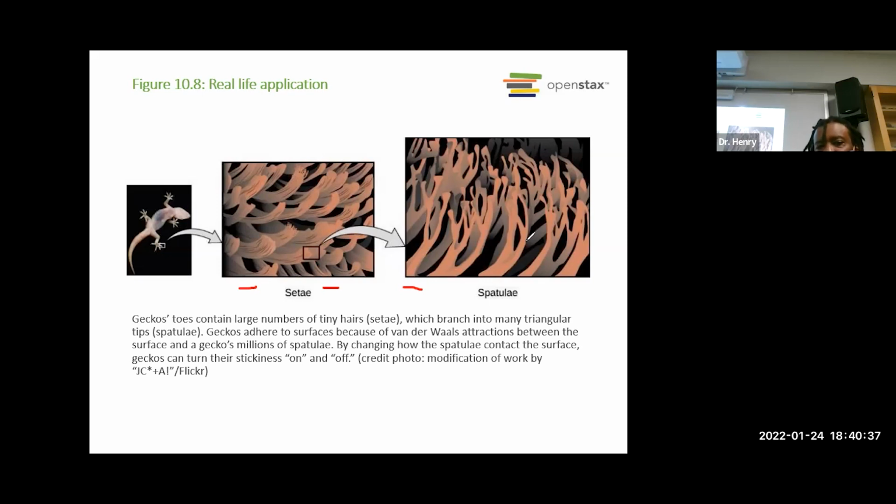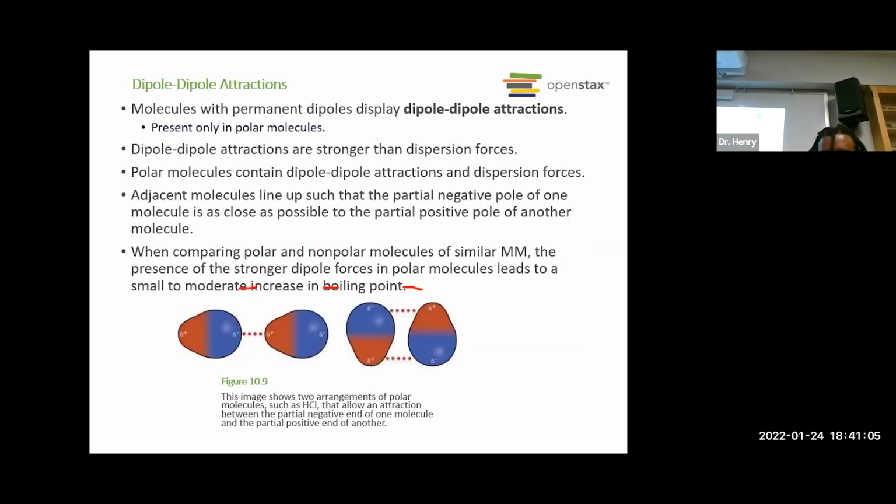So the gecko sticks so well because it has tons and tons of these little fibers interacting with the surface. These interactions are not strong interactions, just a whole bunch of little weak interactions that are all building up. Kind of like Velcro. Exactly like Velcro.